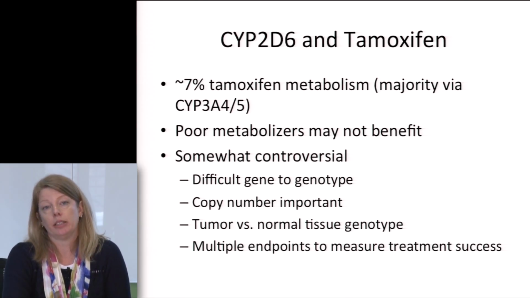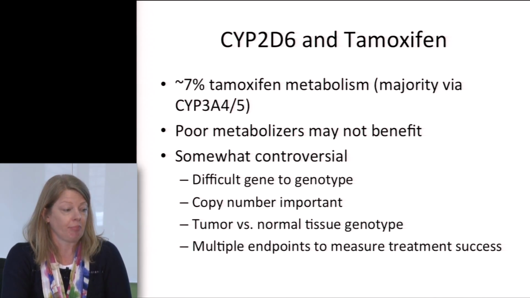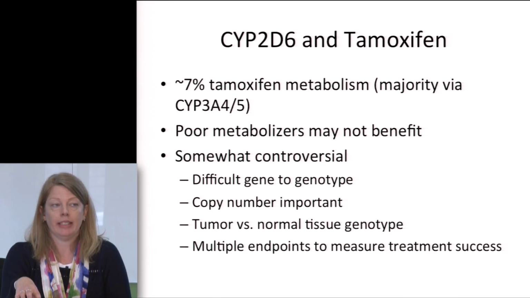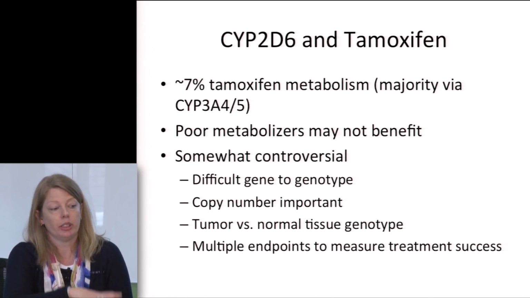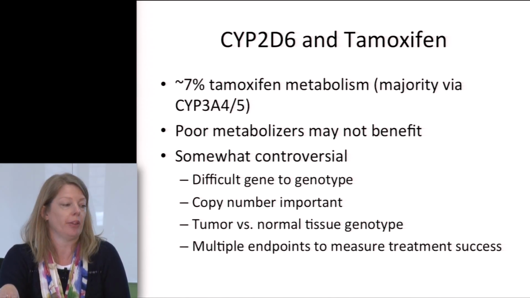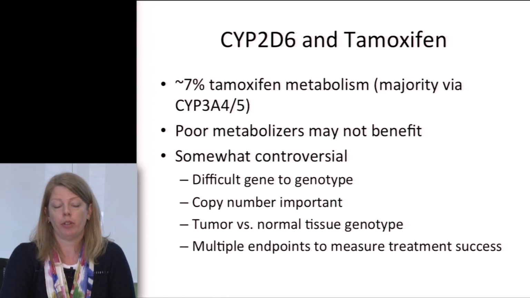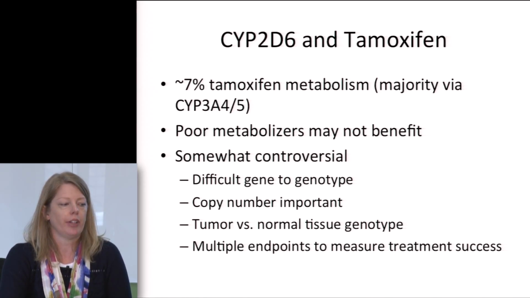Okay, I'm going to talk about CYP2D6 and tamoxifen. Only about 7% of tamoxifen metabolism is dependent on CYP2D6. Actually, the majority of it is metabolized by 3A4 and 3A5. But I mentioned in a different lecture on cytochrome P450s that there's not a lot of variation in CYP3A4 that really influences drug metabolism.